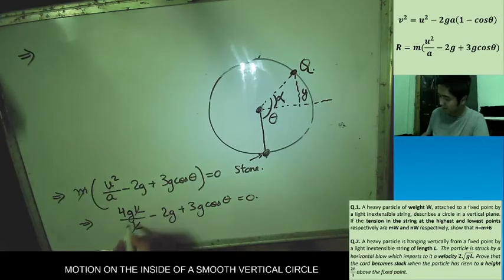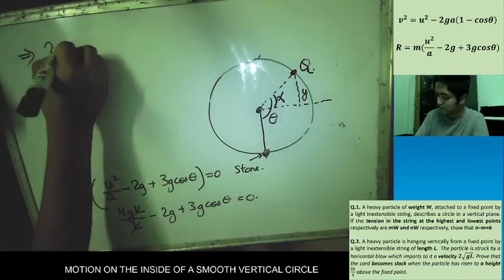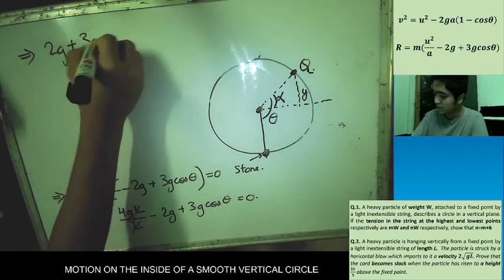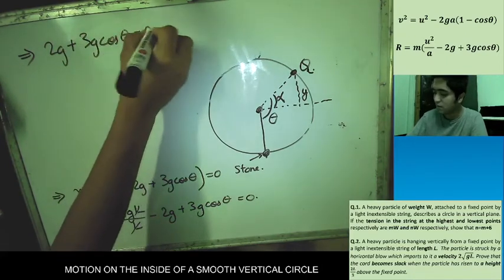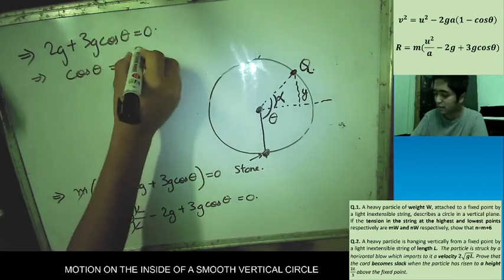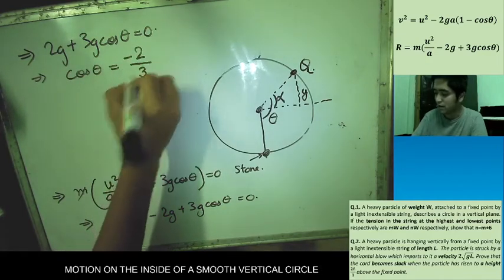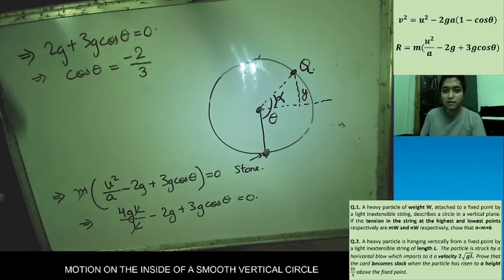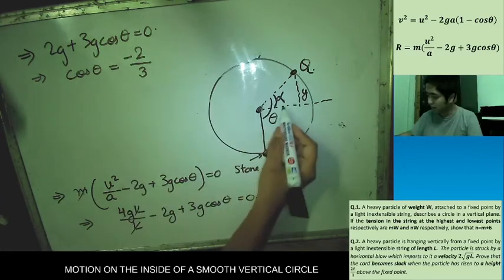Over here L and L will get cancelled. 4g minus 2g will give you 2g plus 3g cos theta equal to 0. So cos theta will be equal to minus 2 upon 3. Now alpha.